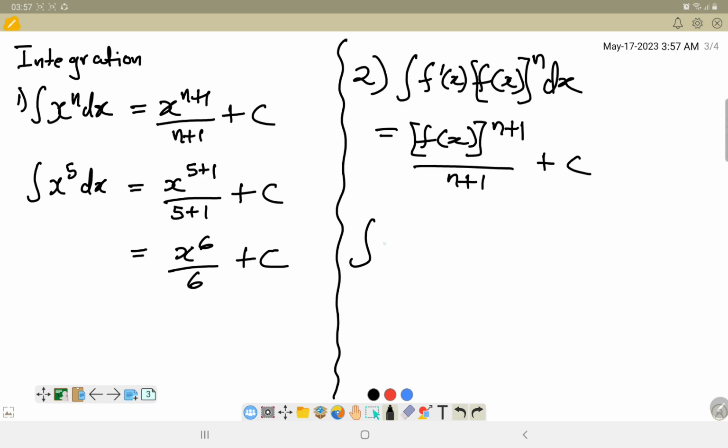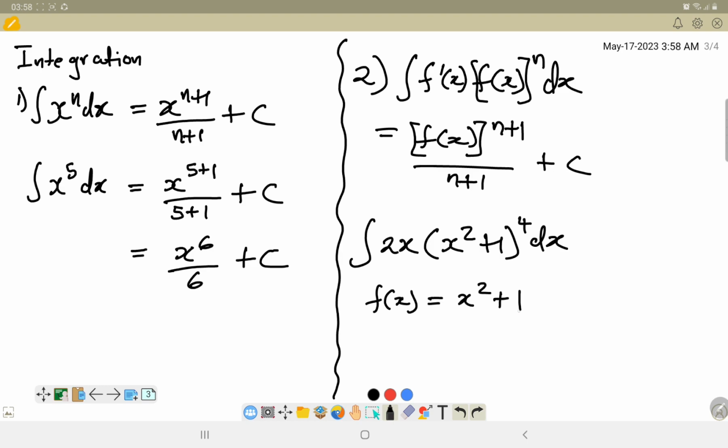If we have the integral of 2x times x squared plus 1 to the power 4 dx, the first thing we can realize here is that our f of x in this case is x to the power 2 plus 1.